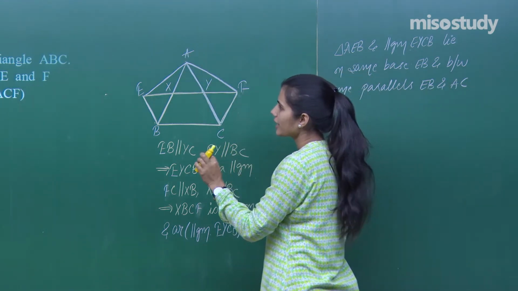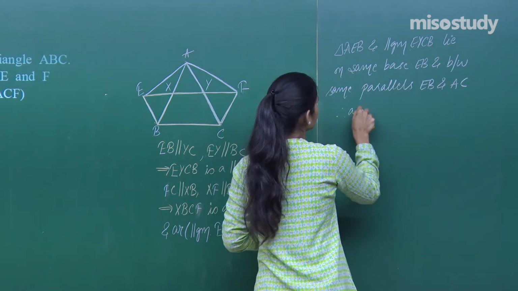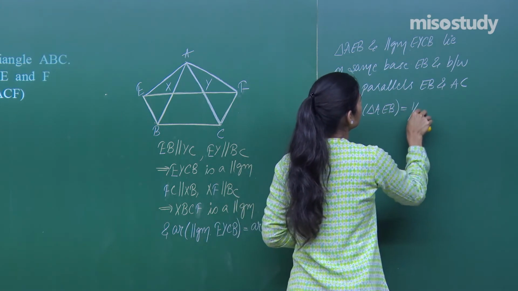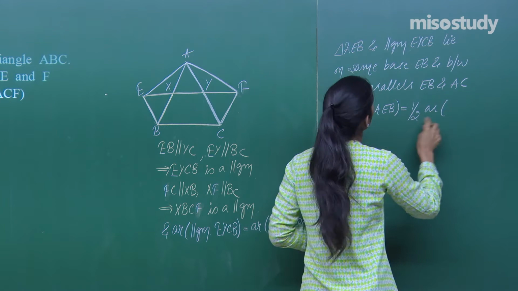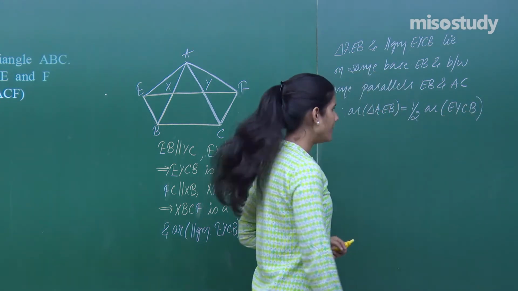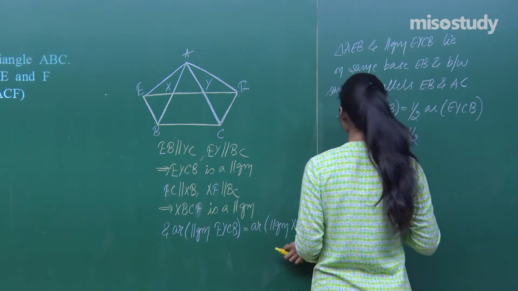Therefore, the area of the triangle will be half of the area of this parallelogram. We know this result. This is equal to half of the area of the parallelogram EYCB. But the area of EYCB is the same as the area of XBCF.